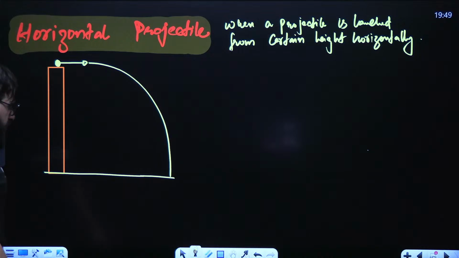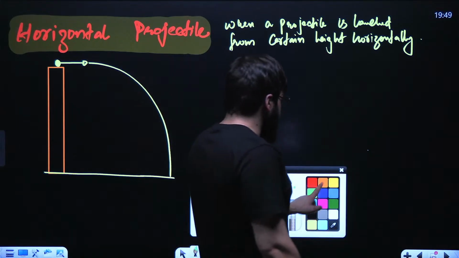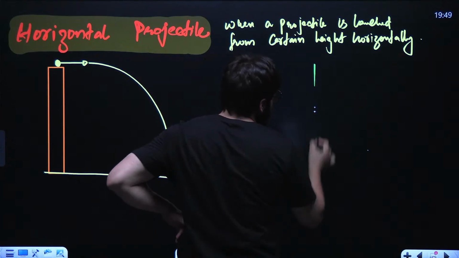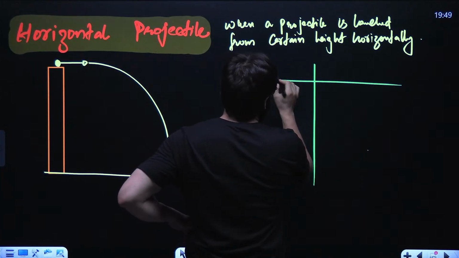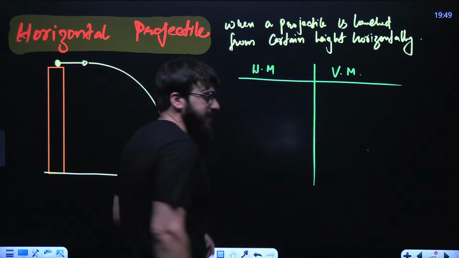Now guys, you know this projectile motion is the combination of horizontal and vertical motion. So I'll write this as horizontal motion over here. I'll write this as vertical motion over here.